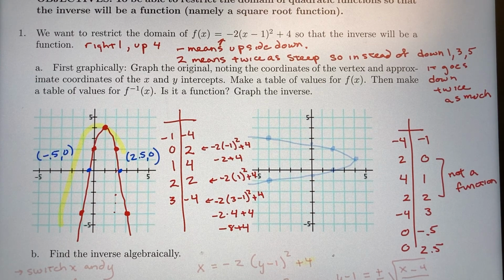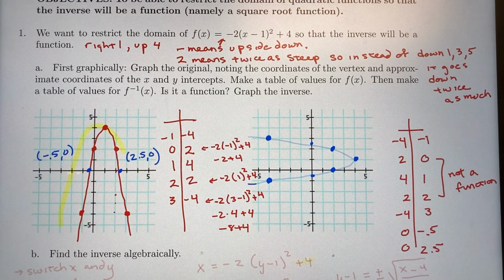Okay, negative 4, negative 1. I'm going to draw this in blue. Negative 4, negative 1 is here. 2, 0. 4, 1. 2, 2. Negative 4 and up to height 3. And then 0, negative 0.5, and 0, 2.5.